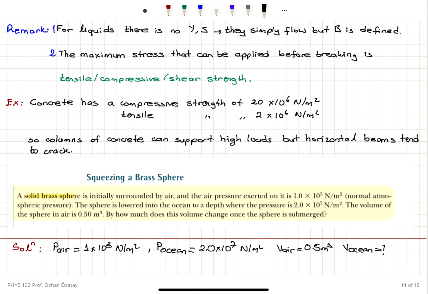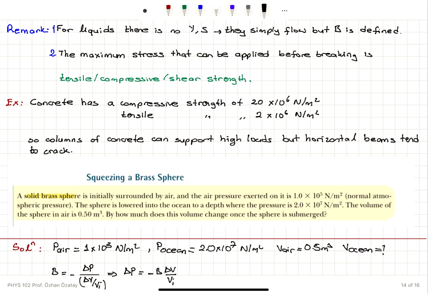Now, the bulk modulus was defined as minus the change in pressure, delta P, divided by delta V over V initial. So with that, we have the change in pressure, delta P, equals minus bulk modulus, delta V over V initial.